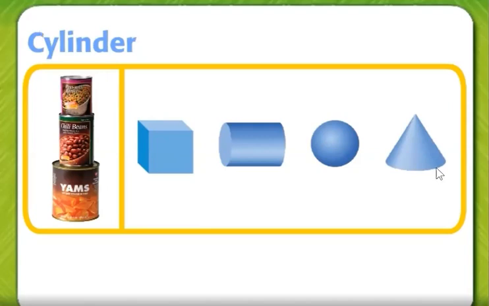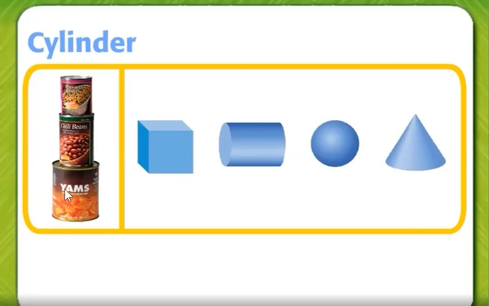Which objects here, which 3D shapes here can also stack like cylinders? Let's remember that for something to be able to stack, it needs to have something stacked on top of it as well. That's why we see 3 cans instead of just 2.